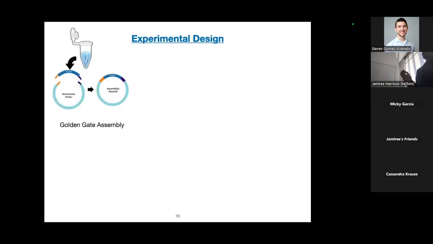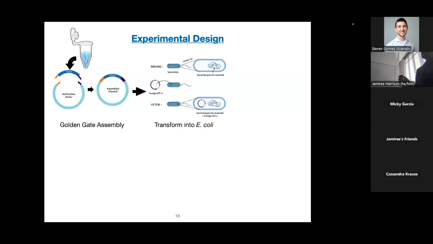Once all of these hybrid promoters are sitting in a tube, we can perform Golden Gate assembly to put all of these promoters into backbones. Once we have these promoters in a simple genetic circuit upstream of GFP, so we can track the phenotype expression, we put the plasmids in the cells through transformation, into E. coli.